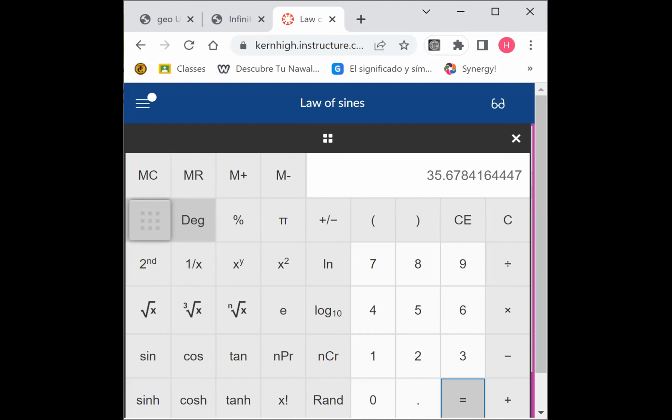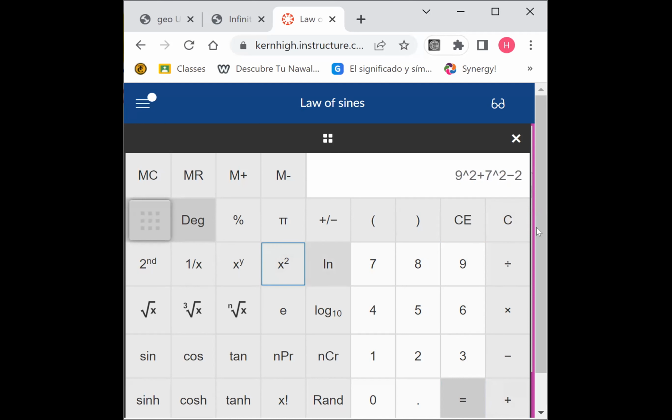So I have to go 9 squared. Some of you might be like, do I have to type 9 squared or can I just type in 81? Same thing.